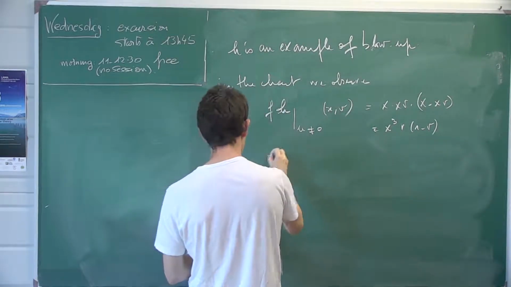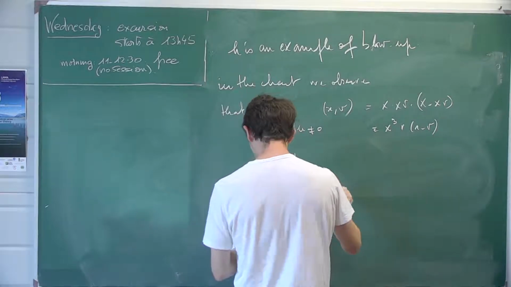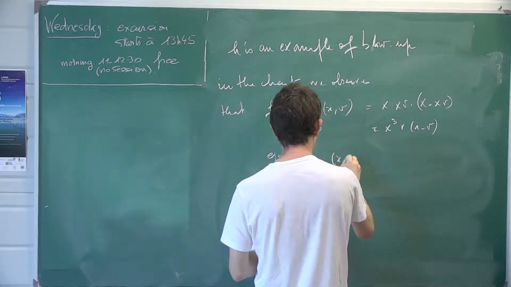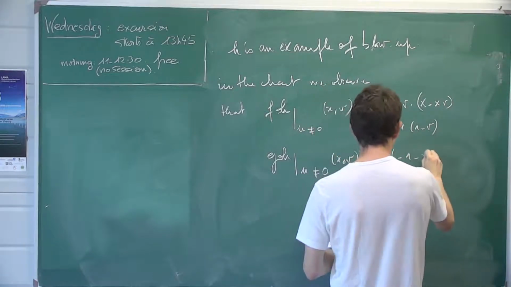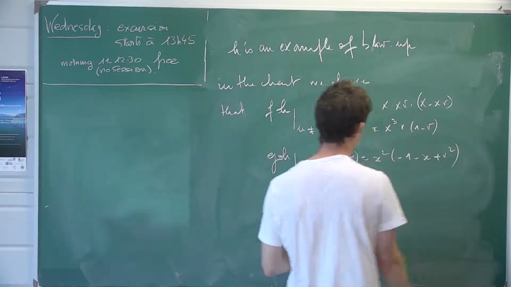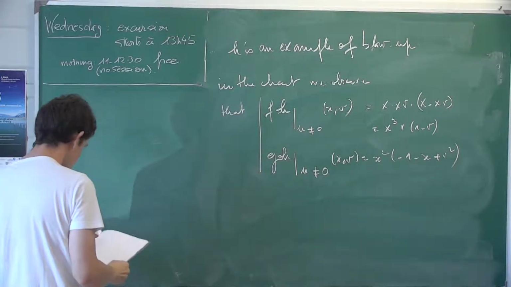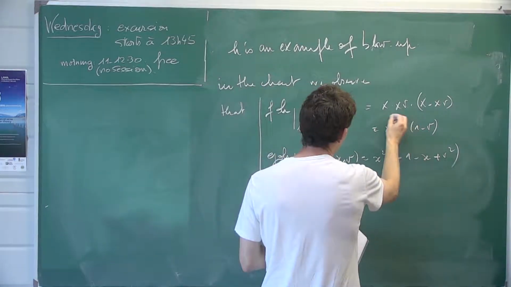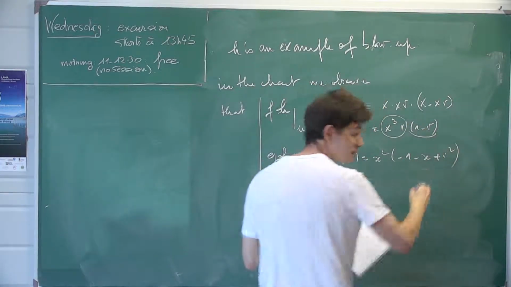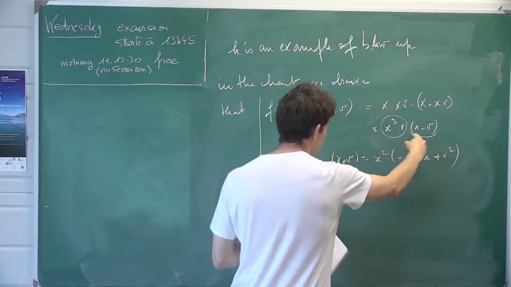And if I look at g composed with h in the same chart, I have an expression of the form x squared times (1 minus x plus v squared). And you can observe that this composition is a monomial times a unit. This is the most important fact. Locally, you have a monomial times a unit.